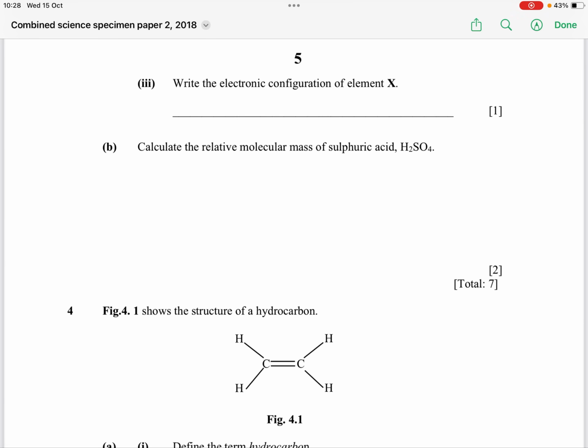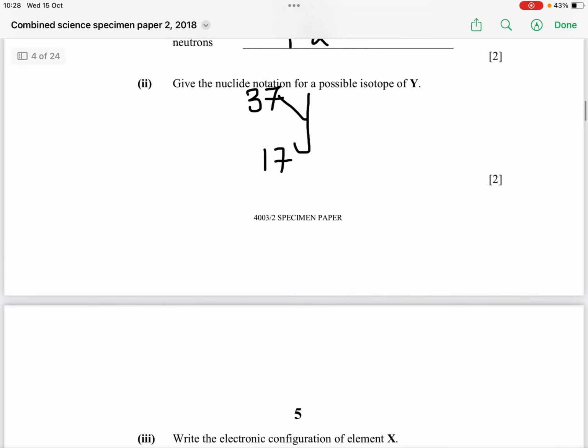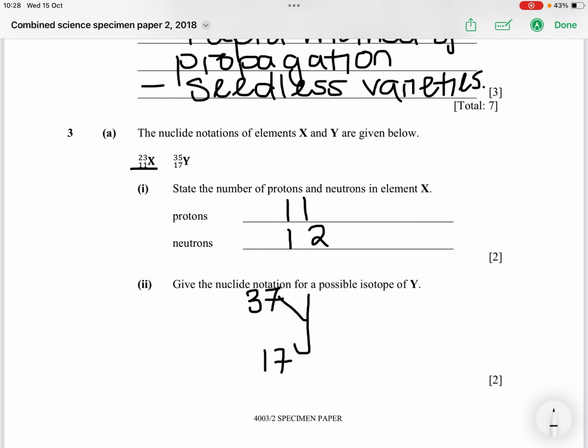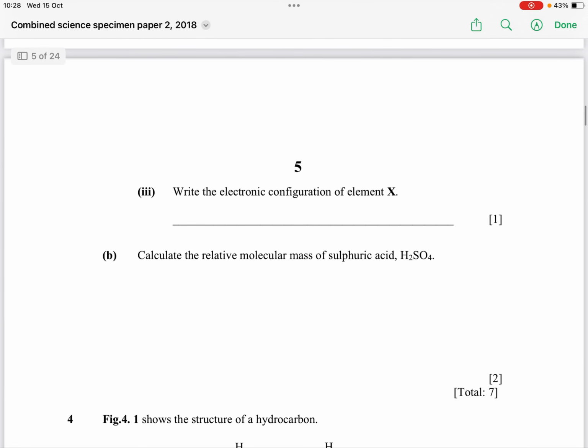And then on part 2, we are required to write the electronic configuration of element X. Let us check the element X. This is the element X, right? So the element X has 11 protons.